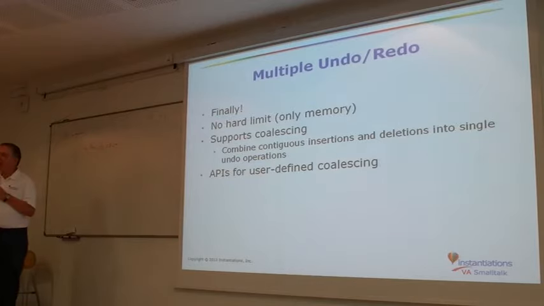But with Scintilla, we get virtually unlimited undo redo of your activities, and it's intelligent enough to coalesce the activities that you're doing, for example, if you're typing, so that when you undo, it doesn't undo one letter at a time. It'll undo a word at a time, for example. And it also provides APIs for you, if you don't like the way that coalescing works, if you want, for example, to go back to one letter at a time, there's APIs to change that behavior.